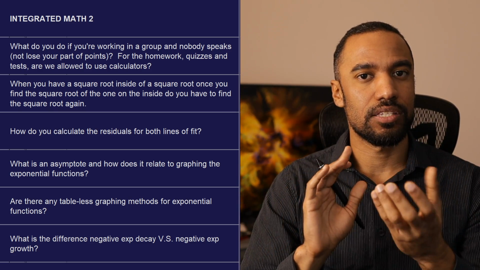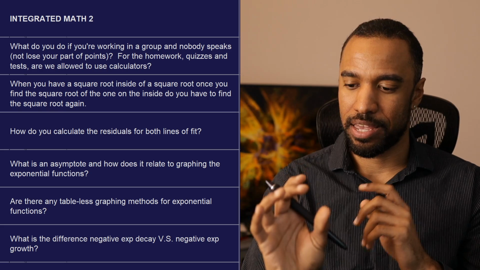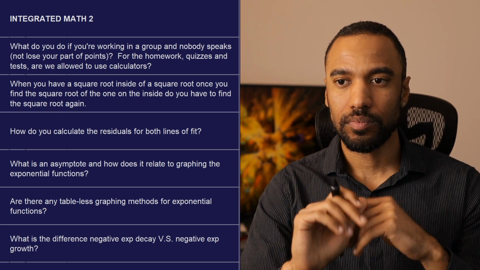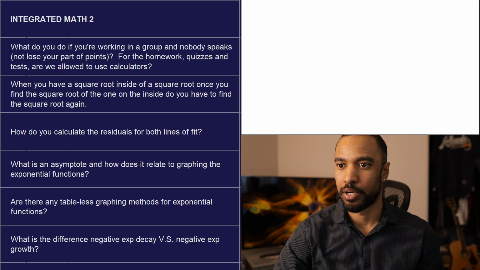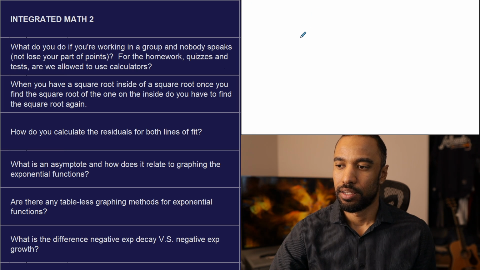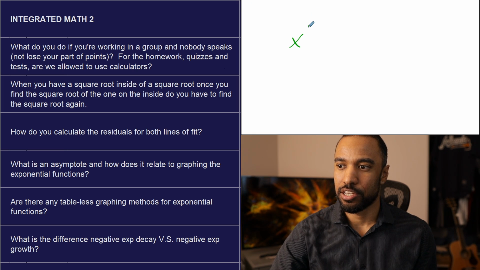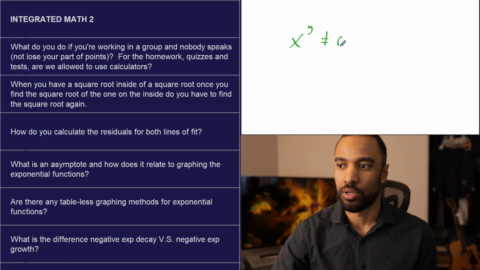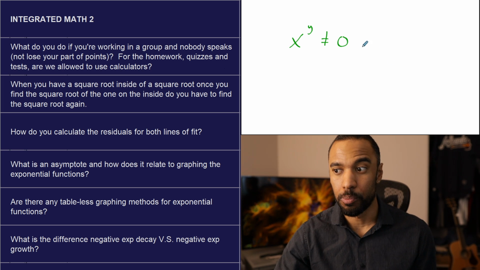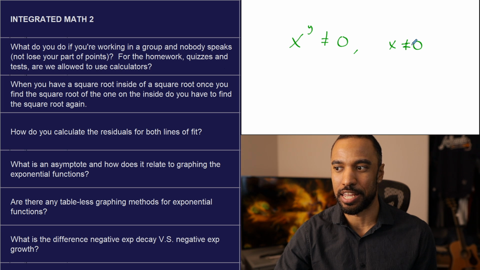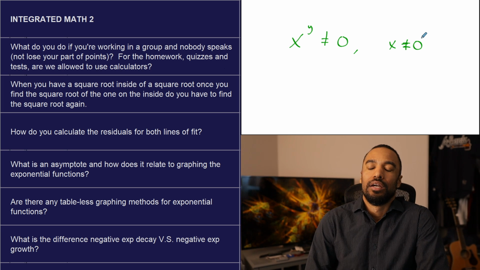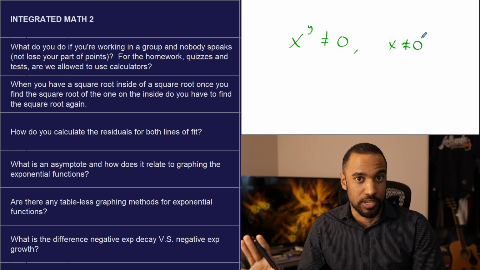So it's impossible to get 0 from raising a base to a certain exponent. Here's the math equivalent: x to the y cannot equal 0, assuming that x itself is not 0, right? Because 0 to any non-zero power is 0. Okay, so I hope that makes sense.